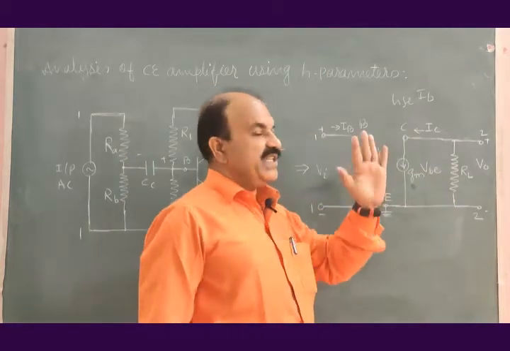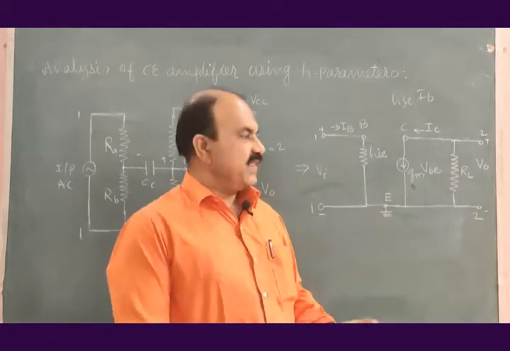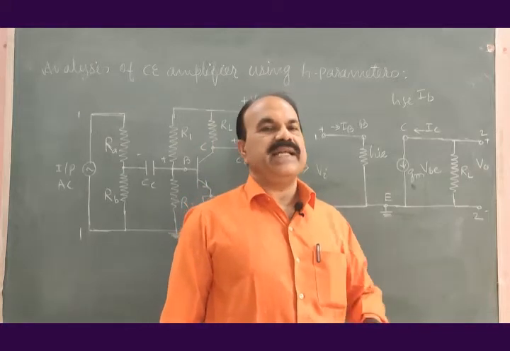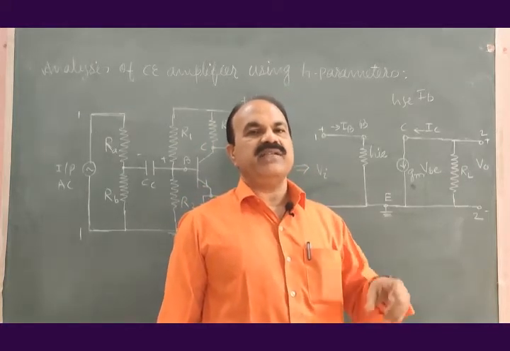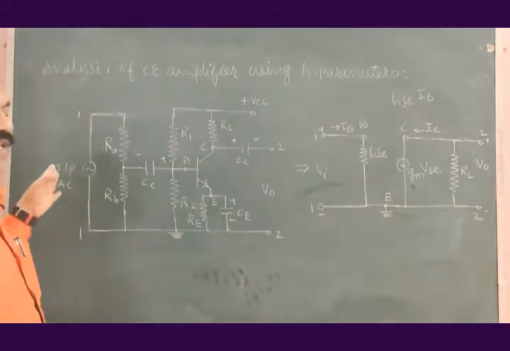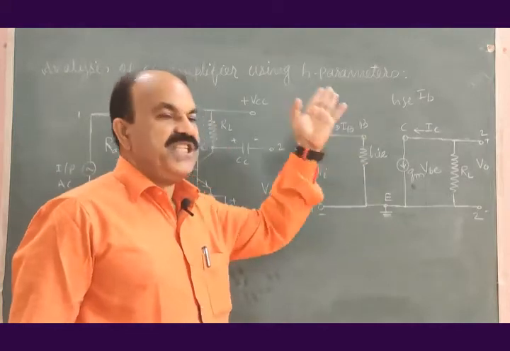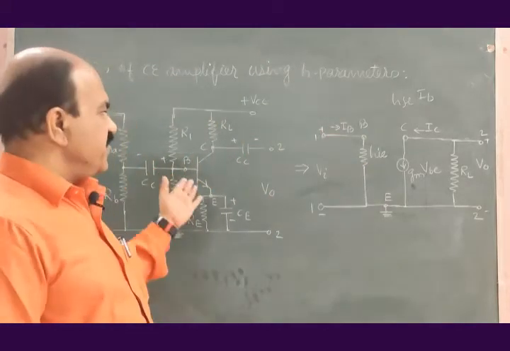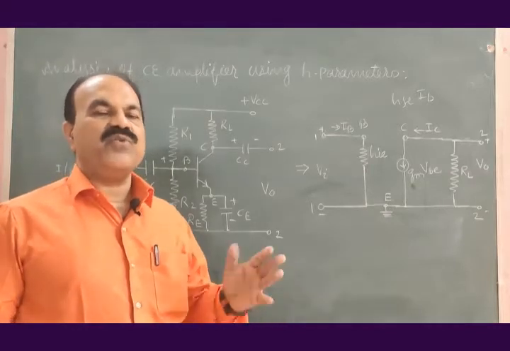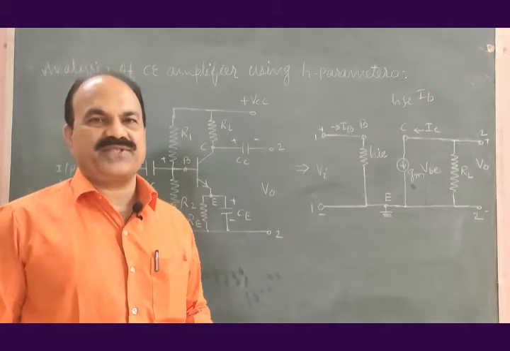This is the H parameter equivalent circuit modified. This is the modified and most correct H parameter AC equivalent circuit of the CE amplifier. Now we shall use this AC equivalent circuit and analyze this CE amplifier for current gain, voltage gain, power gain, input impedance, output impedance.